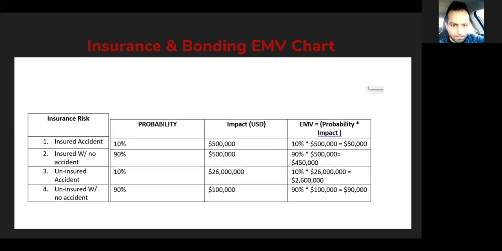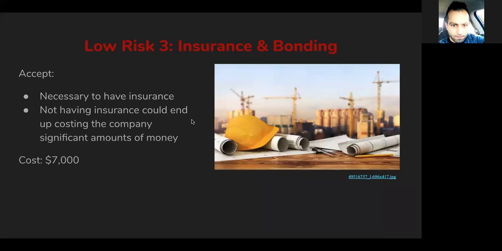So after that, we can say it's necessary to have insurance, and it would be a great idea to save the company a lot of money. And without having insurance, we could end up costing the company a significant amount of money, up to like $7,000.